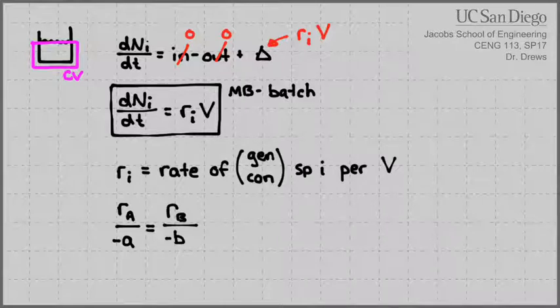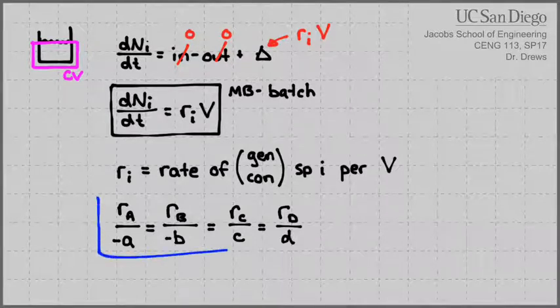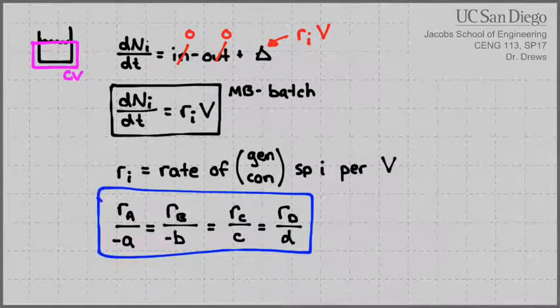If you want to talk about the rates of generation, R_C over little c is equal to R_D over the stoichiometric coefficient of D. There's nothing unique about this. It's the same kind of stoichiometry we had with the stoichiometric table, right? If something disappears from over here, it's got to show up over here. That's all that this is saying, is those rates have to be related.